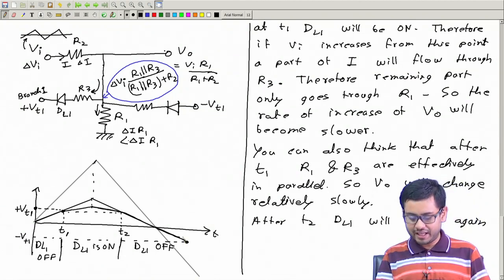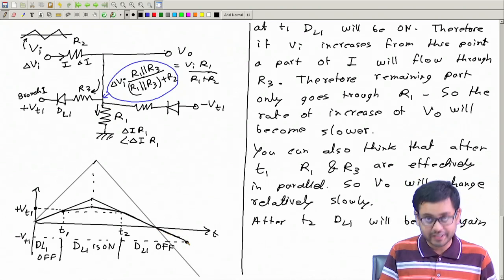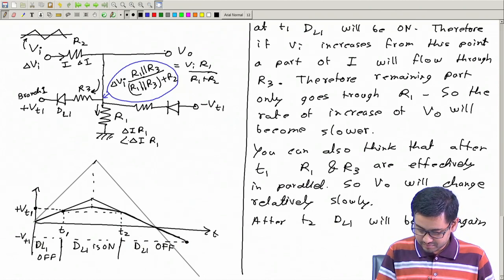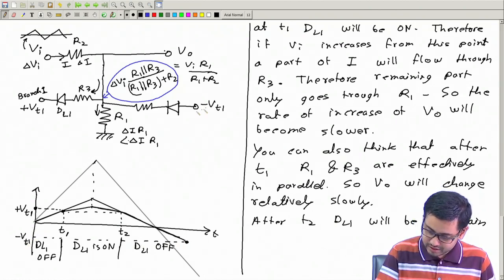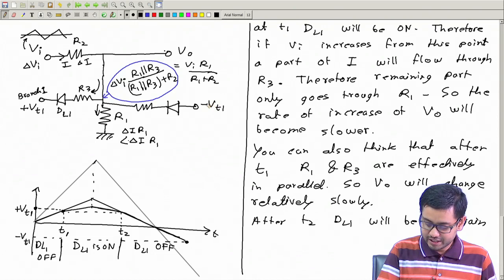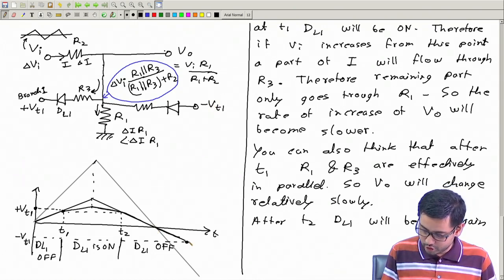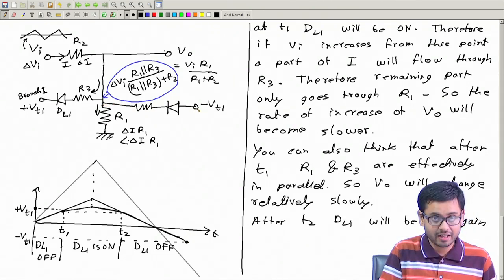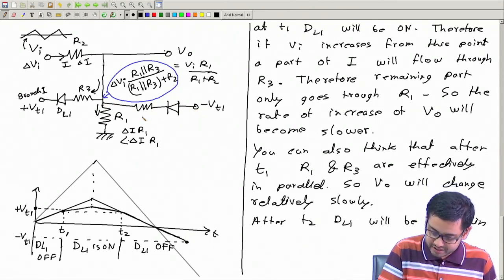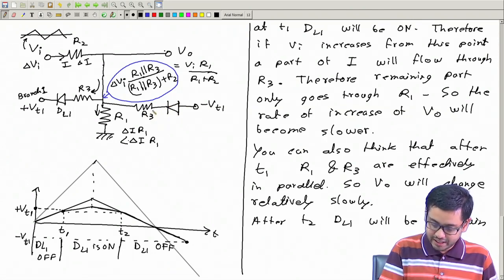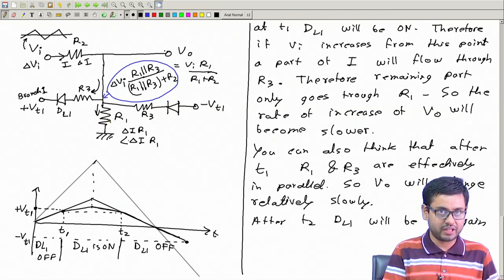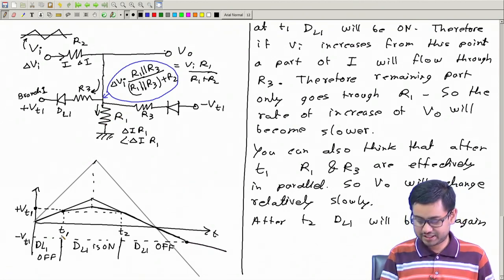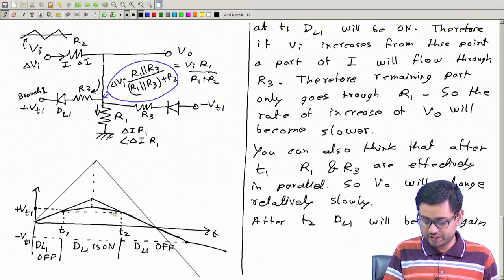So now we can analyze. You see, when this voltage is going down, and if it goes below this threshold, this is VT1 and this is negative. If this goes below this value, then this is lower, this is higher, and this diode will be on. This I will take as R3, and then once again this R3 will come in parallel with R1 effectively, and therefore it will now go slower like this, just as it was here. Okay.